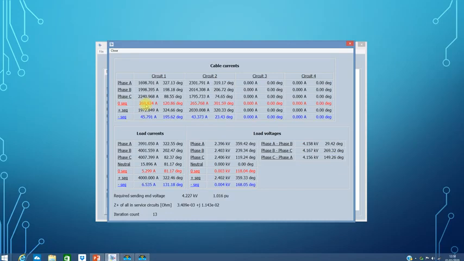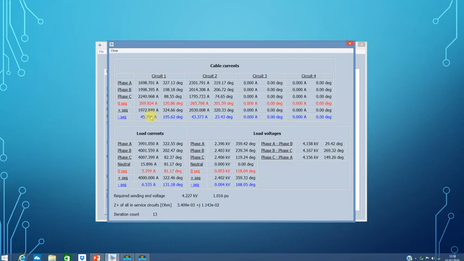269 amps in circuit 1 and 265 amps in circuit 2, and these are nearly 180 degrees out of phase. So it would appear as though there were zero sequence circulating currents between the two cables.